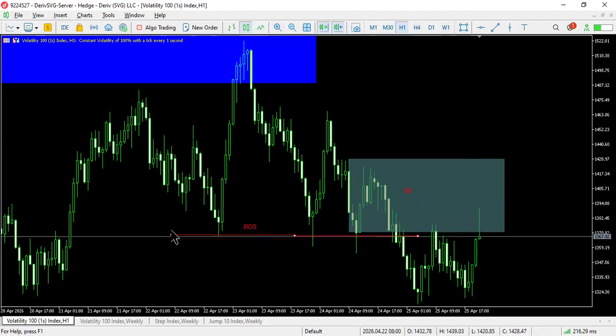So from the 1 hour, this is the general break of structure. And then we also have this internal break of structure right there.